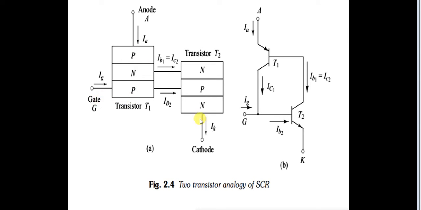In transistor T2, the emitter terminal is the cathode, and the collector terminal is connected to the base of transistor T1, and the gate terminal, that is the collector of T1, is connected to the base of T2.